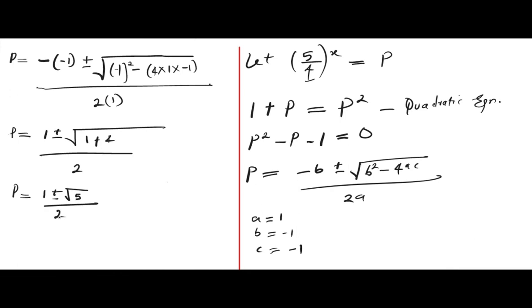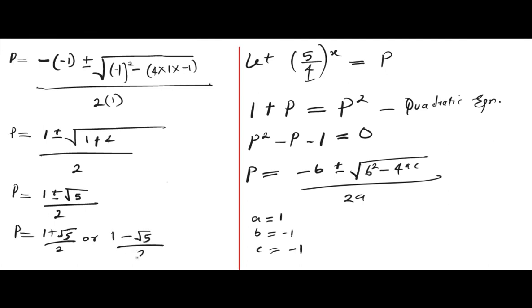So p equals 1 plus root of 5 divided by 2, or 1 minus root of 5 divided by 2.